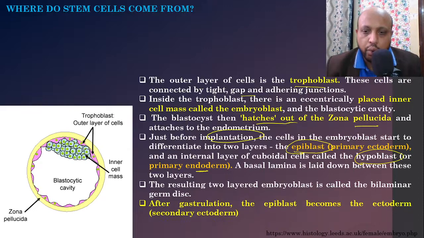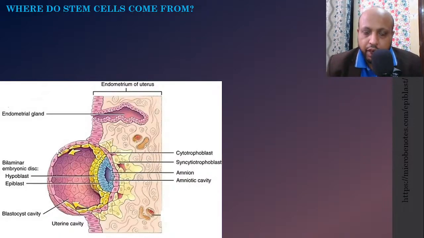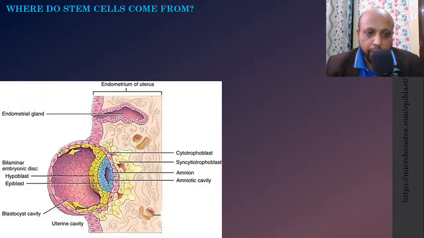Now if you look into this process, I will come back to the slide. This is, you can see here, let me change the color code. See, this is your bilaminar embryonic disc. This is why it is bilaminar, because you have a very distinctive epiblast and hypoblast.